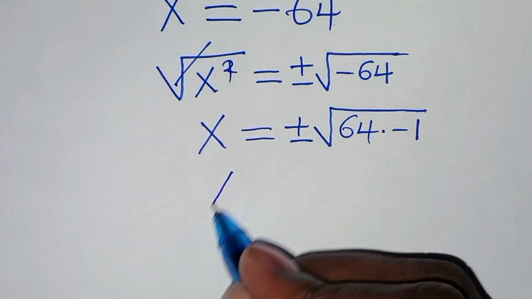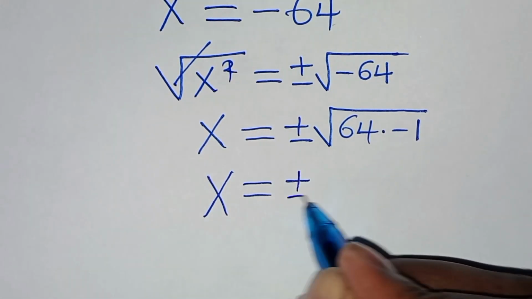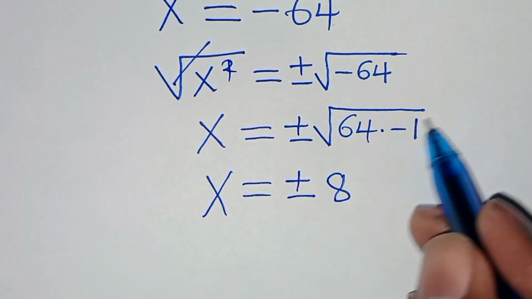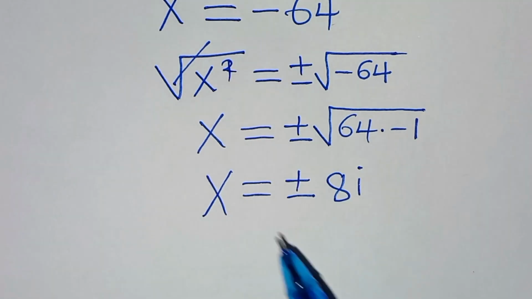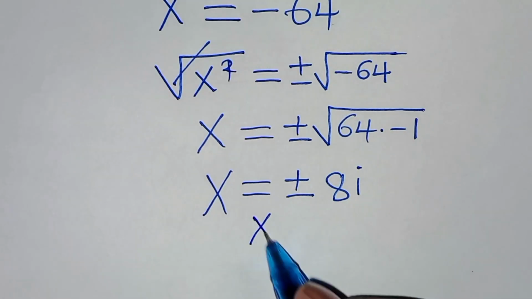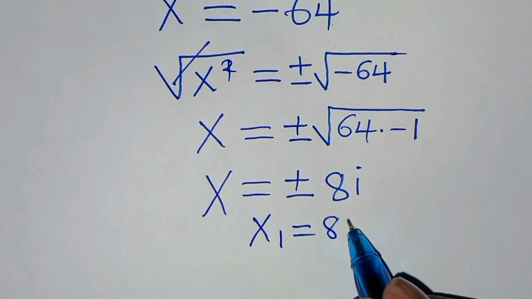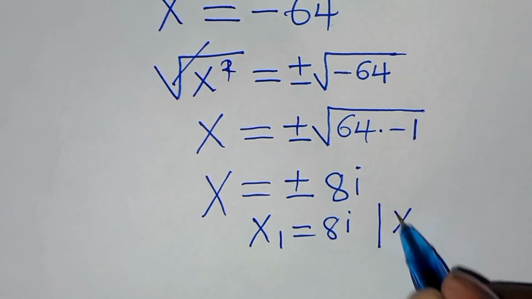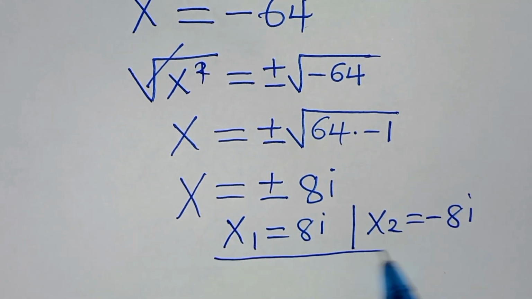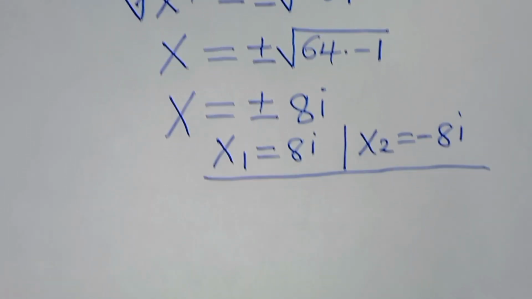So x is equal to plus or minus the square root of 64, which is 8, then the square root of minus 1, this is i. So x is equal to plus or minus 8i. So we have x1 equal to 8i and x2 equal to minus 8i. So these are two values of x.